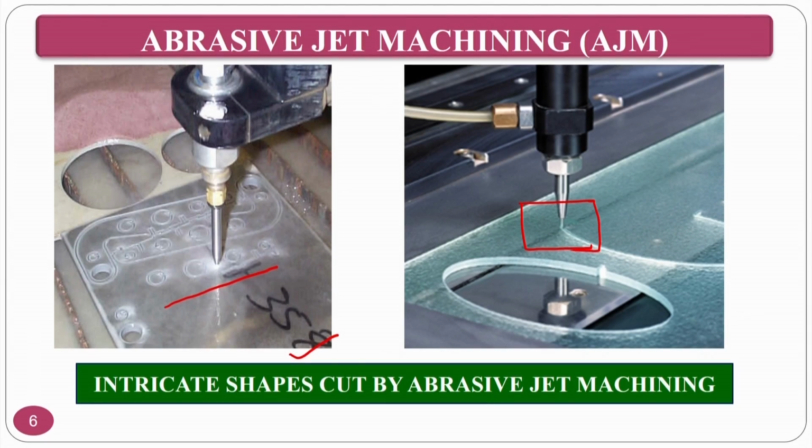In this particular AJM, what you have to note here is the carrier medium is air, then gas. You can use inert gases or some other gases also to carry the abrasive particles along the direction of the velocity of the air.